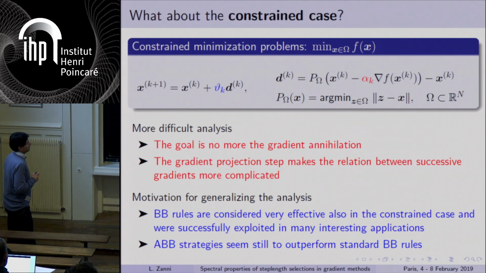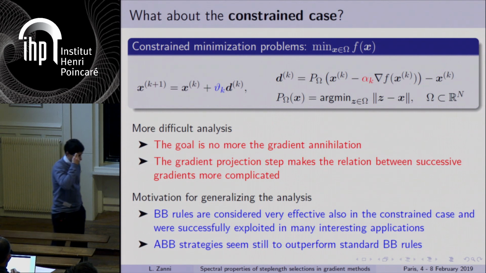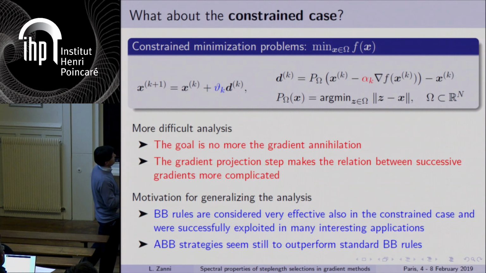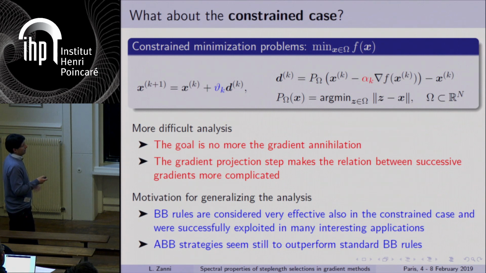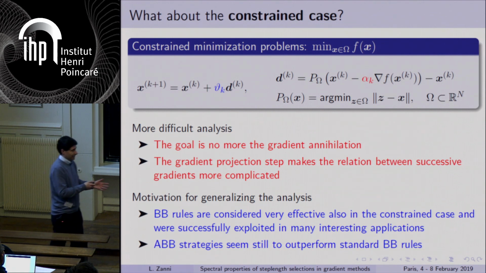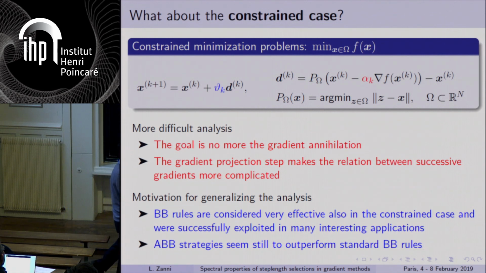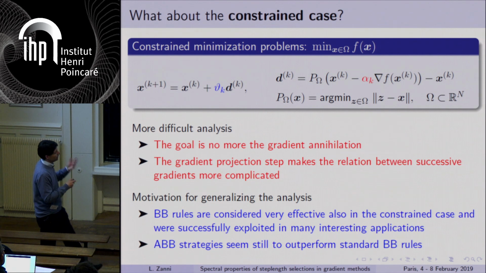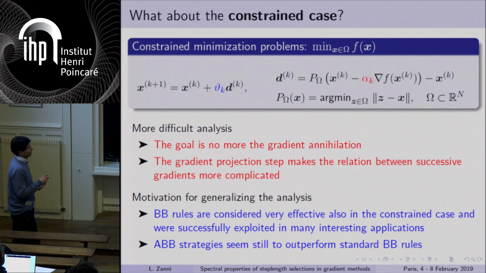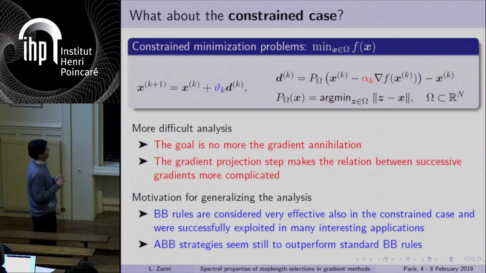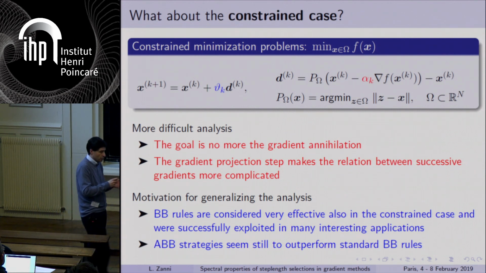First of all, it is necessary to observe that, when a gradient projection scheme is used for a constrained problem, we have a very different situation in comparison with the unconstrained case. The goal now is no more to reduce to zero all the gradient, and in particular, the presence of the projection step makes much more complicated the relation between the gradients of two successive iterations.